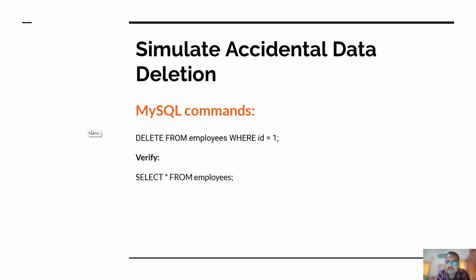After running the delete command, we verify the table again and can see that one of the records is missing. This is exactly the type of situation where point in time recovery becomes extremely useful. We are running this query at this particular time of 11:50. We will try to restore it maybe prior to 11:49, maybe 1 minute before, so that we would be able to restore the data.